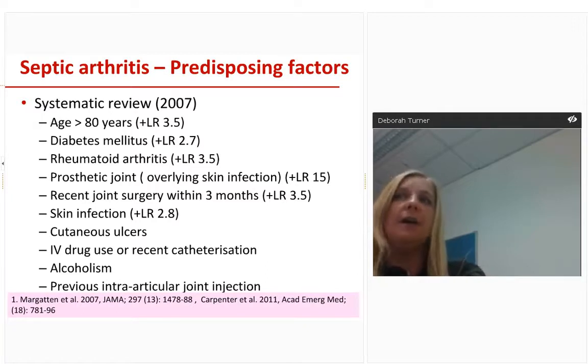That our potential likelihood ratio is very, very high of a potential septic arthritis. But we also need to consider our other areas that are highly likely in patients with inflammatory joint disease, for example, intra-articular joint injections.